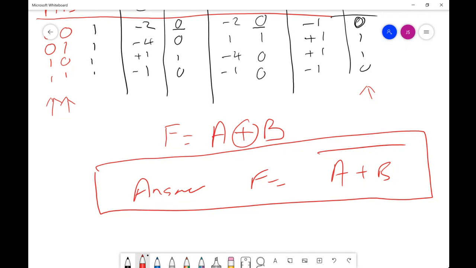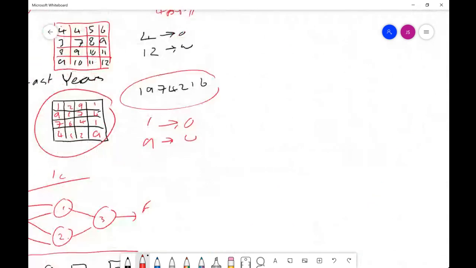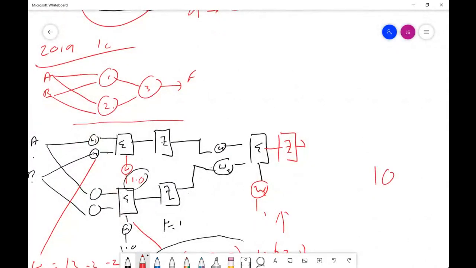And even if you had the answer exclusive OR without showing how, I might have given you 1 mark for being lucky in guessing it, but you won't get any more marks because you haven't shown how you got there. And it could have been a guess. So that would be wrong. That would be 1 mark. And this would be, where is it, 10 marks.